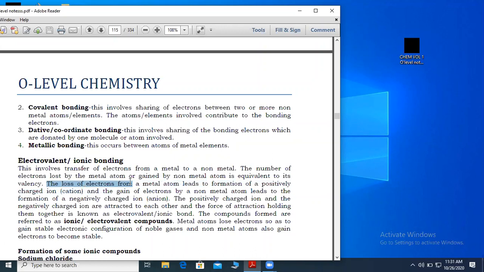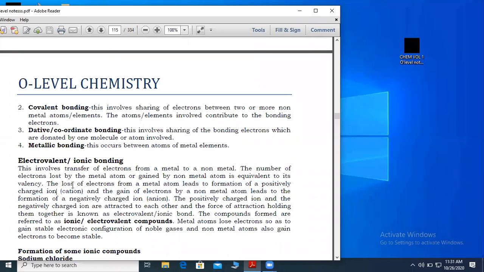The loss of electrons from a metal atom leads to formation of a positively charged ion. This is not new to you.